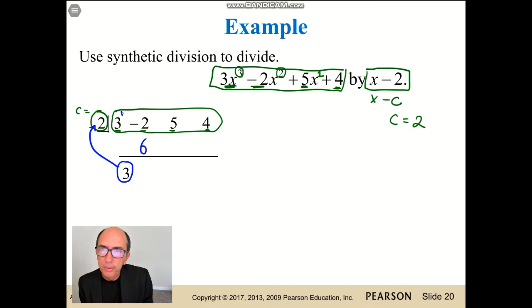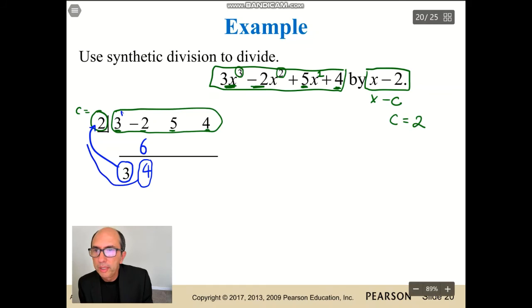So the next step, you're going to perform the operation: -2 plus 6 is going to be 4, right? Now again, you multiply by c. 4 times 2, 8. Then you write it down under the next coefficient, and you perform 5 plus 8, 13.